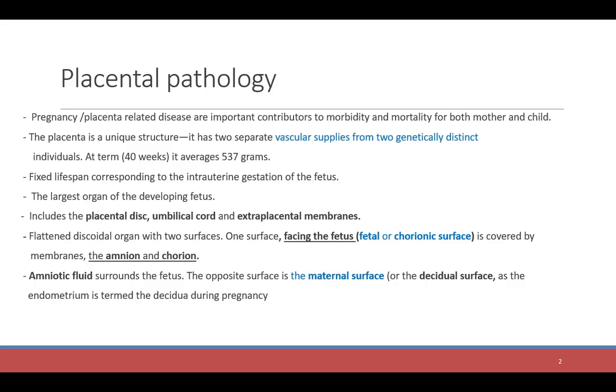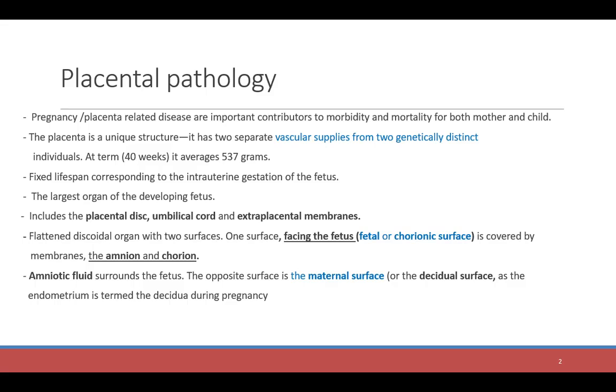We have the amniotic fluid within the sac that supports the fetus. We have the membrane that is composed of amnion and chorion. So both amnion and chorion form the membranes. It's so important to know where the chorion is and where the amnion is. So we have the fetal surface and the maternal surface.